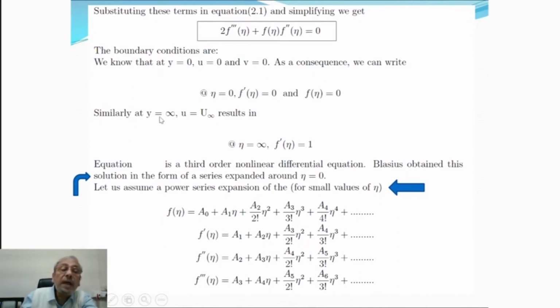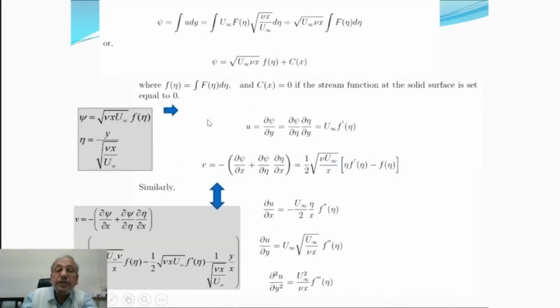Similarly, at y equal to infinity, u equal to u infinity. So here we can go back again. At y equal to infinity, u equal to u infinity.